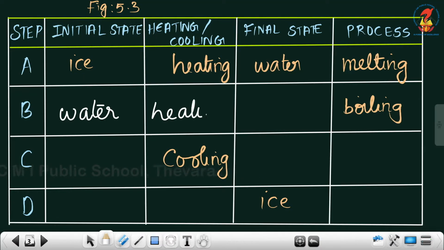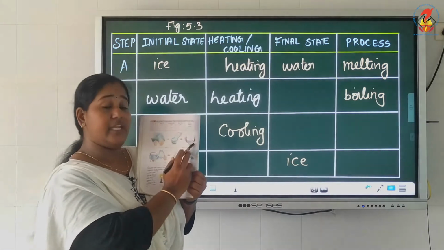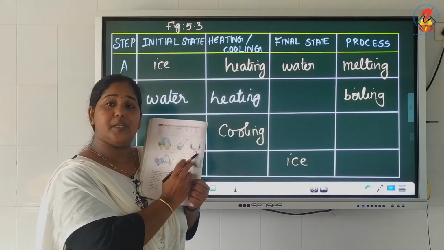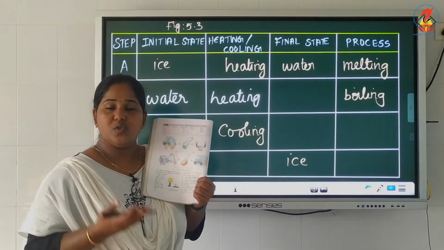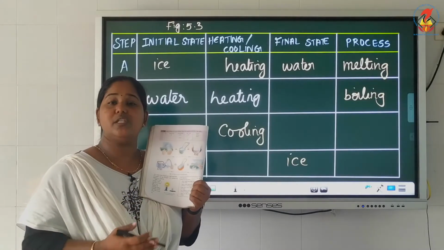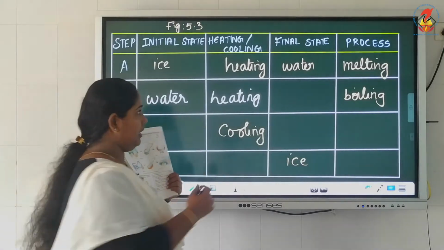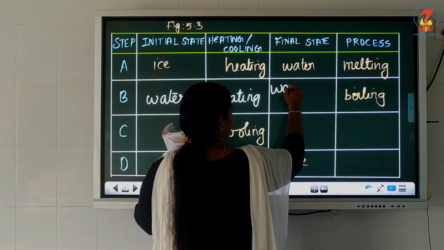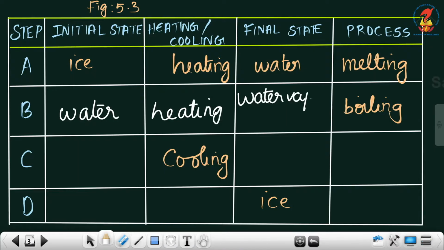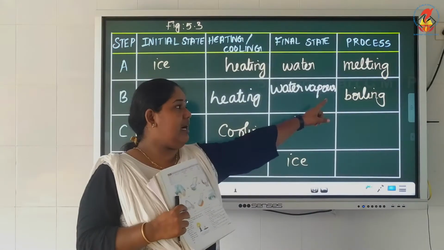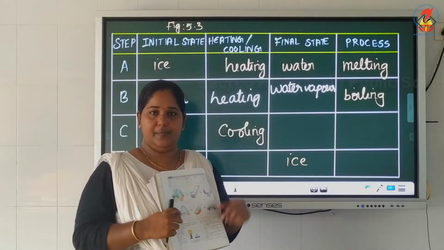And water, when it is heated, changes to what? What can you see in the third picture? Vapor. So, water on heating has changed into water vapor. So, final state is water vapor. Water changing into water vapor by heating is termed as boiling.